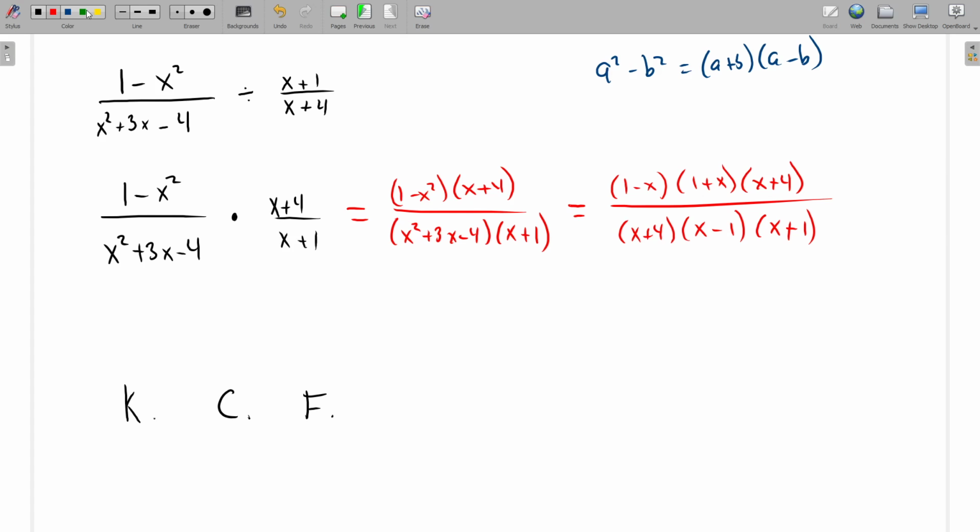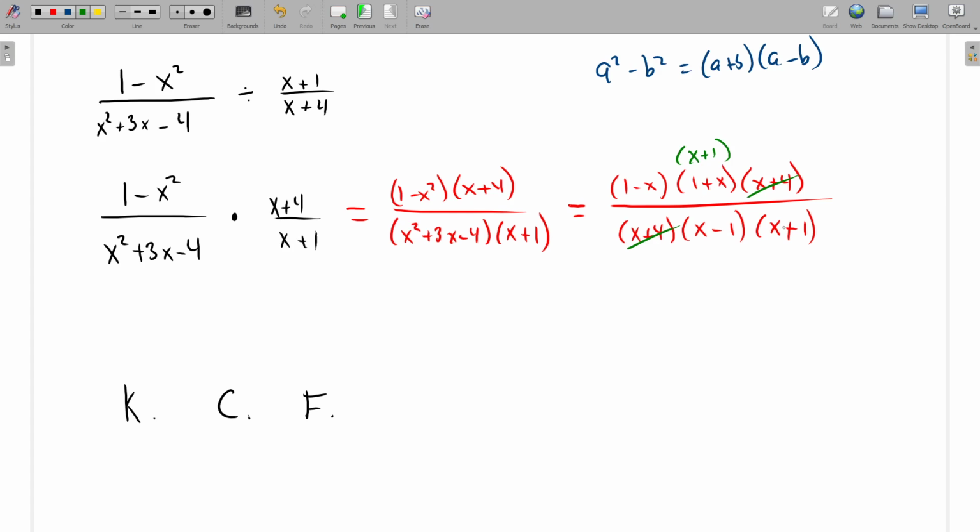All right, so notice a couple things. x plus 4 and x plus 4 is in the top and the bottom, so we can cancel that out. 1 plus x is the same thing as x plus 1, because it's addition, the order doesn't matter. There's an x plus 1 in the bottom, so we can cross that out.